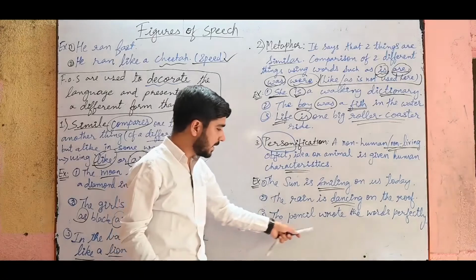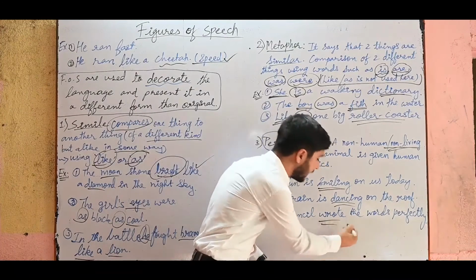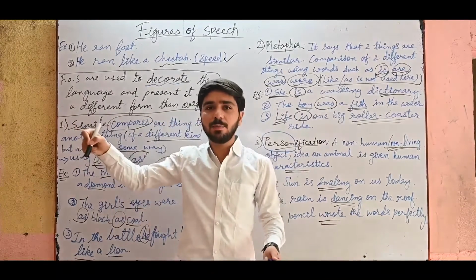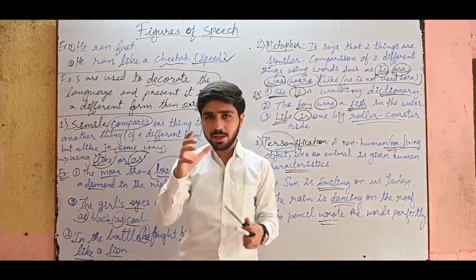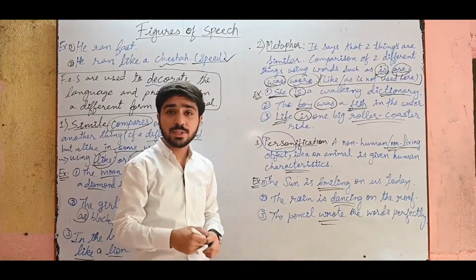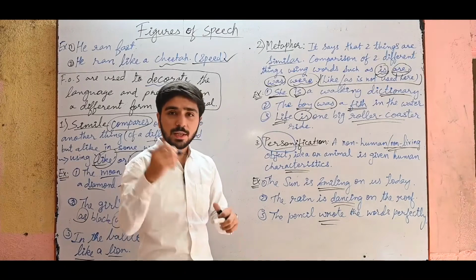Next, the pencil wrote the words perfectly. Now we know that the pencil cannot write the words itself. We have to hold the pencil and write on paper. Without a hand, a pencil cannot write on its own. So here the speaker actually wants to say that the writer wrote the words perfectly using the pencil.